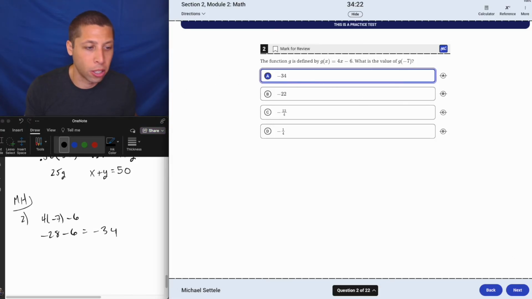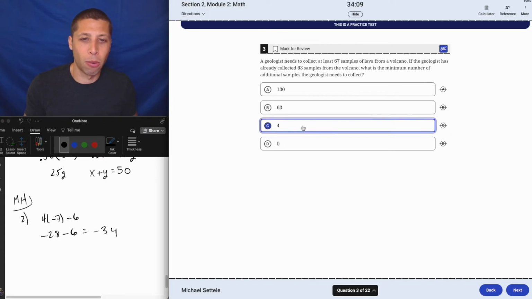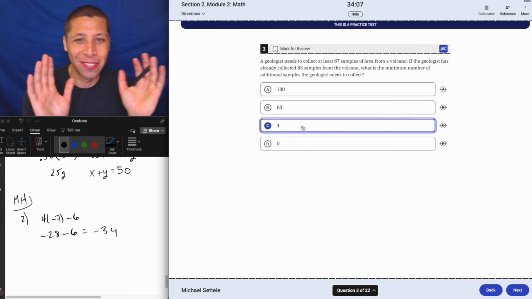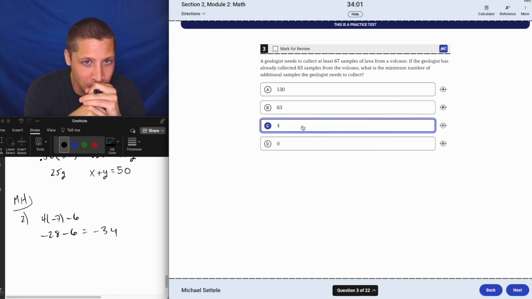A geologist needs to collect at least 67 samples of lava from a volcano. If the geologist has already collected 63 samples from the volcano, what is the minimum number of additional samples the geologist needs to collect? Is it just 4? Wait a minute. A geologist needs to collect at least 67 samples. So the minimum is 67.